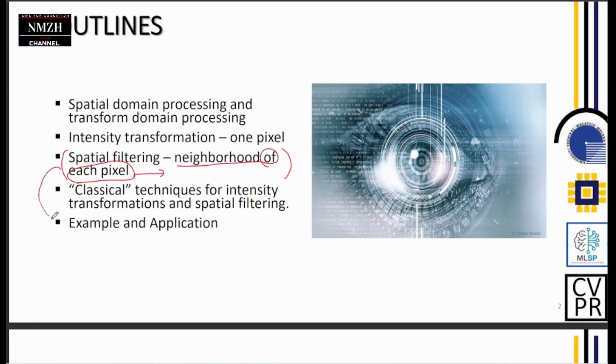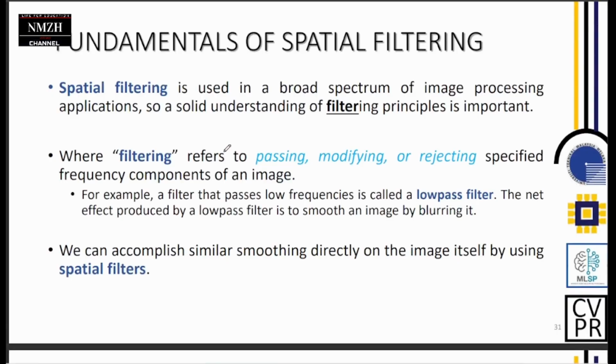Not to forget that we will use several backgrounds and fundamentals of spatial filtering. Spatial filtering is used in a broad spectrum of image processing applications, so a solid understanding of filtering principles is crucial.